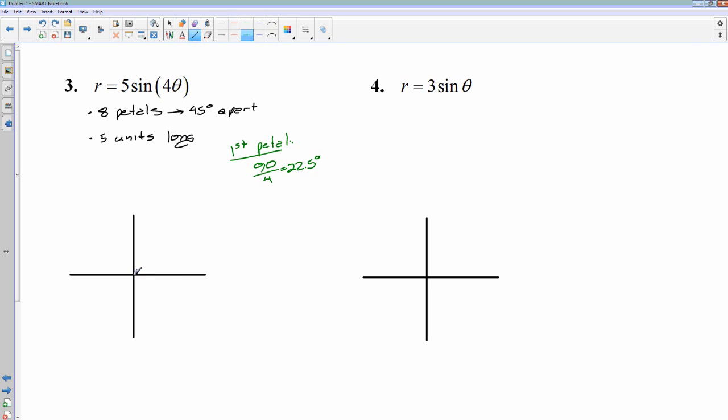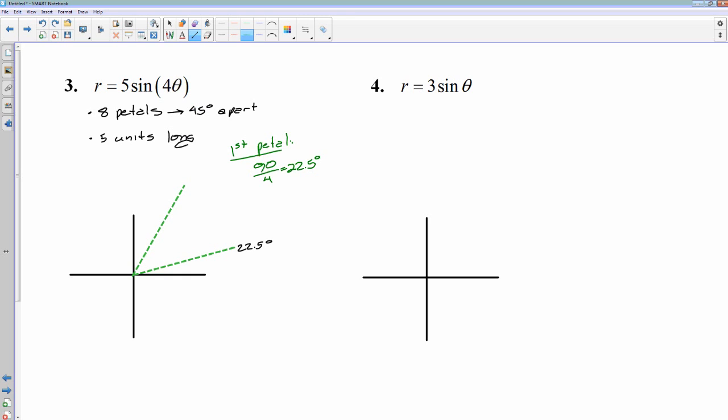So 22.5 degrees is going to be about up here. But then I need to add 45 degrees to that to get to my next angle. So there's 22.5. My petals are 45 degrees apart. 22.5 plus 45 is what? 67.5. That's going to be somewhere up here.